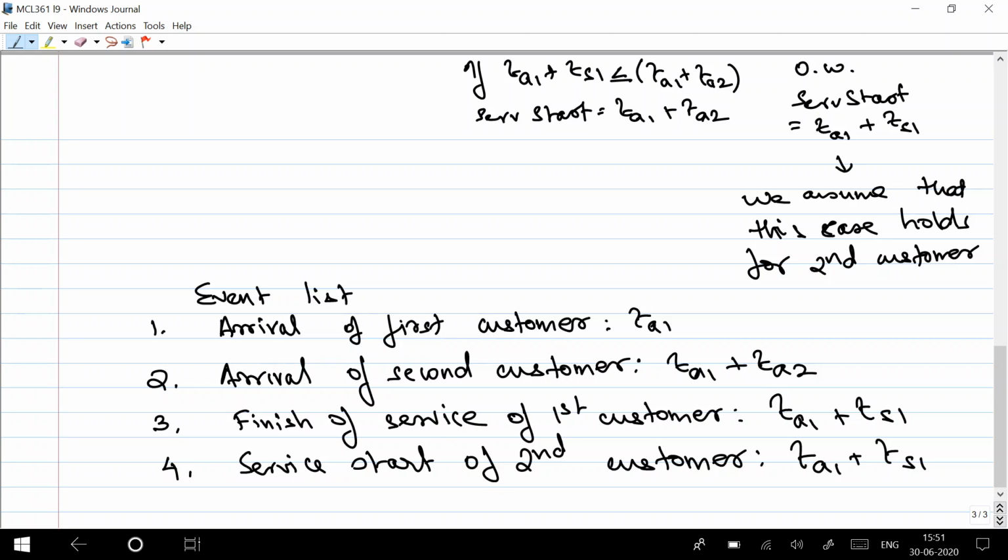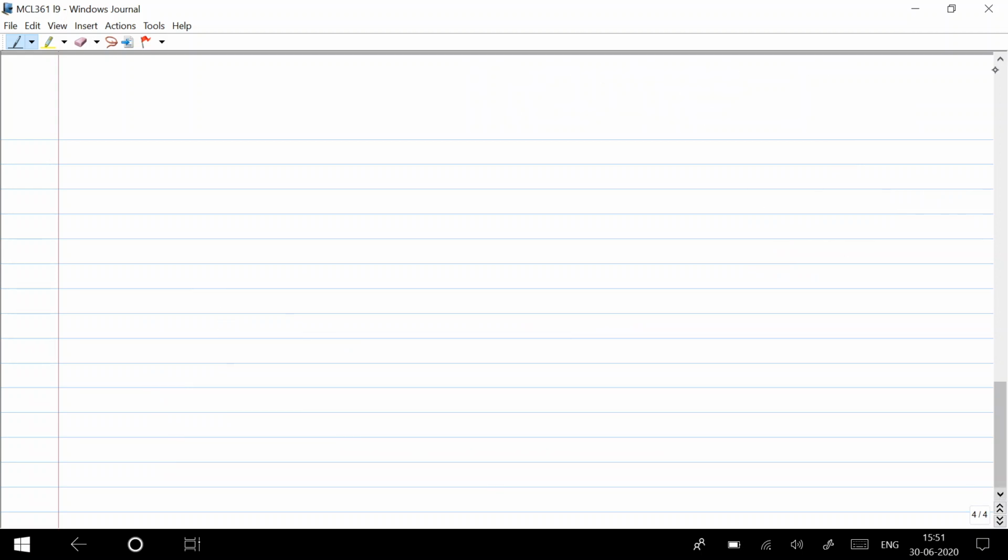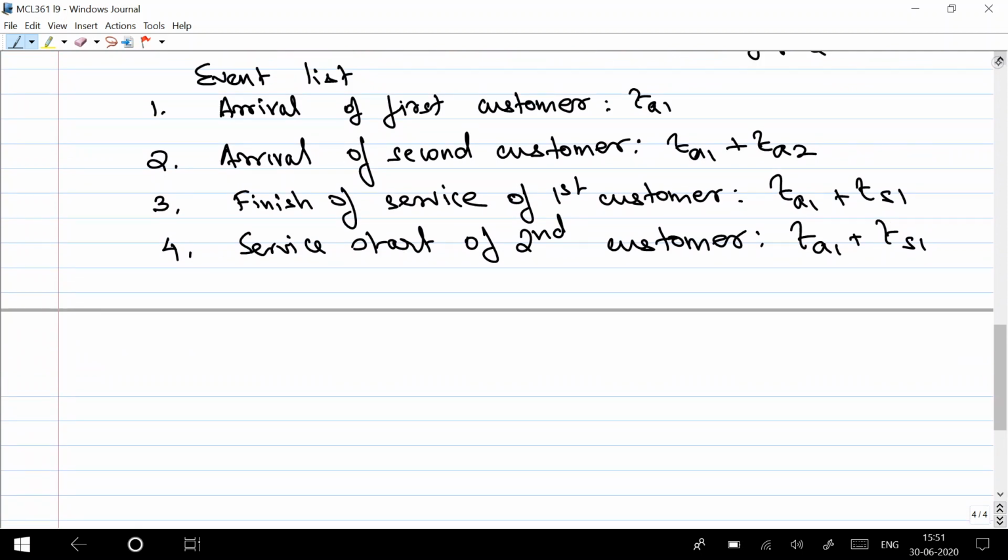So then what you do in the simulation, now that you've created this ordered list of events, is you can start at time t equals 0. Then you move to t is equal to TA1. Then you move to t is equal to TA1 plus TA2.